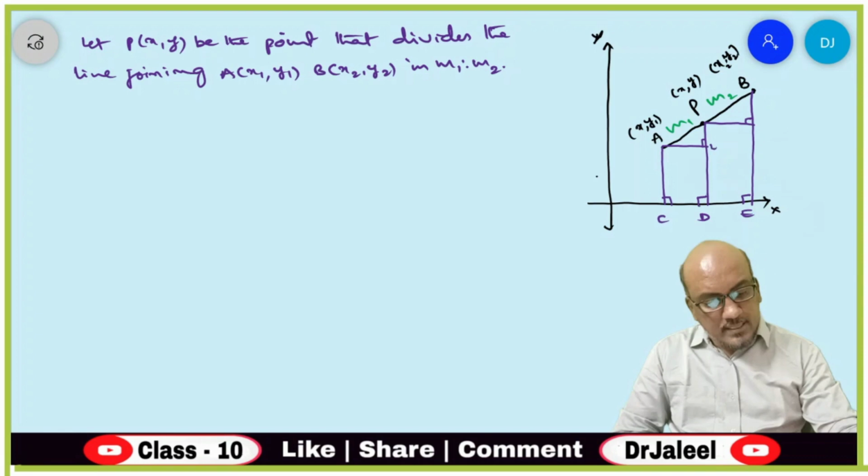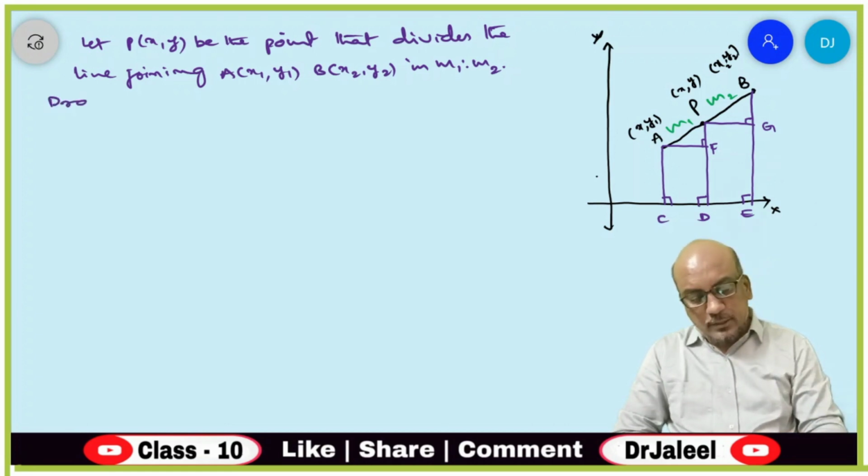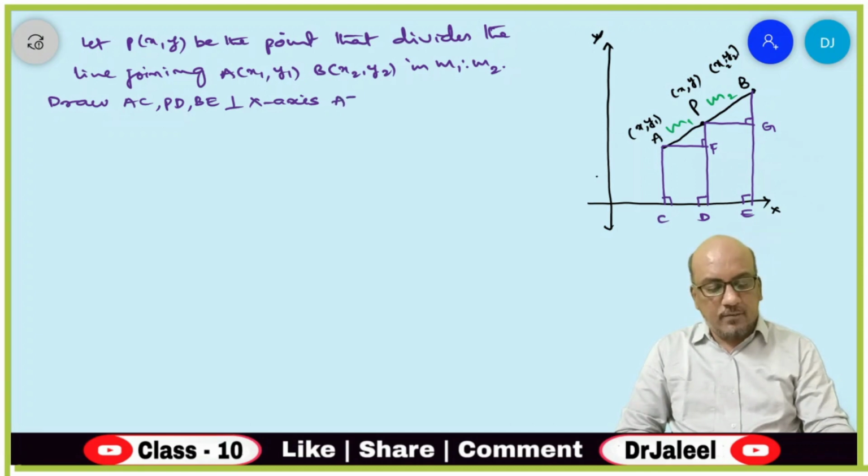Let us take these points as F and G. Let us present this here. Draw AC, PD, BE perpendiculars to the x-axis. You also have 2 more lines: AF perpendicular to PD and PG perpendicular to BE.